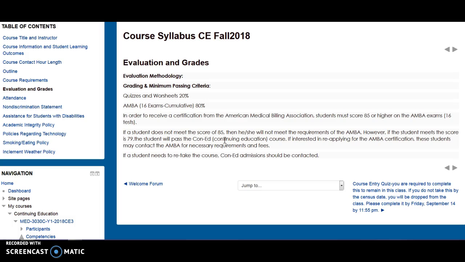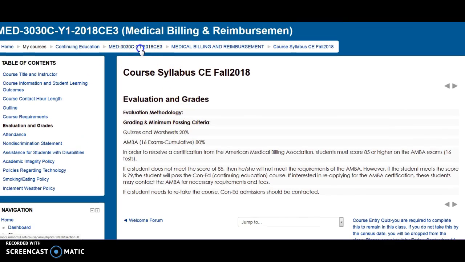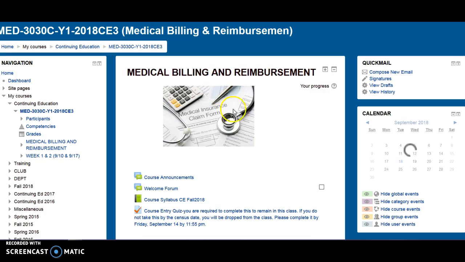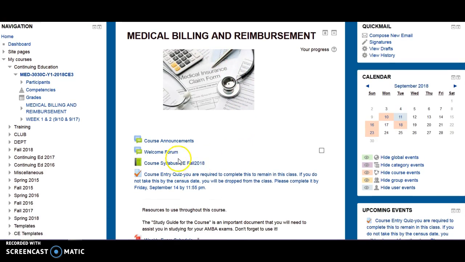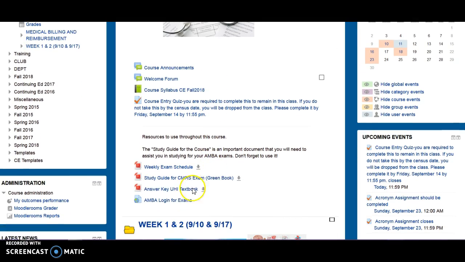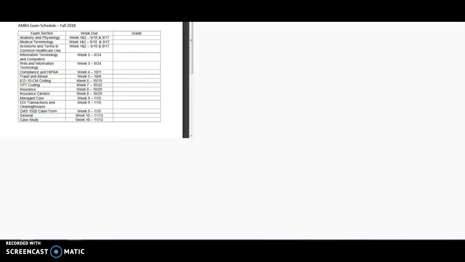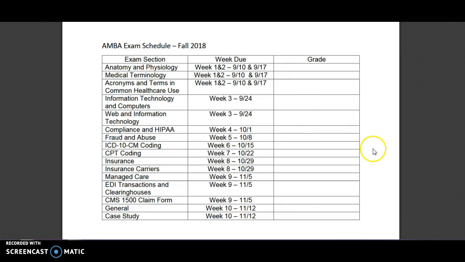We explained this in orientation that night, that you're looking at your schedule through the weeks, and perhaps one week you didn't make an 85, but the next week you made an 85 or more. You would certainly have an average by the end of the course. And speaking of, I'm going to go ahead and open up the exam schedule.